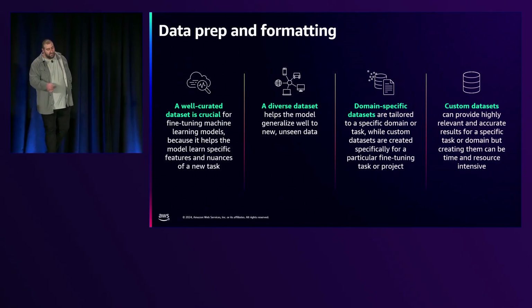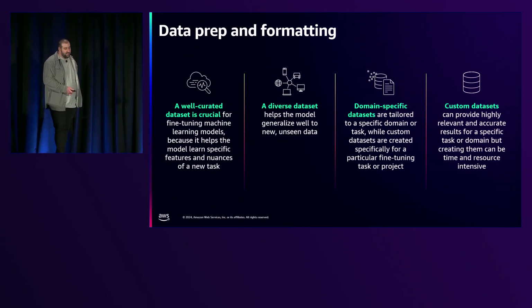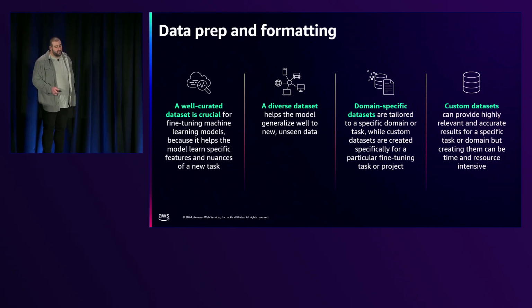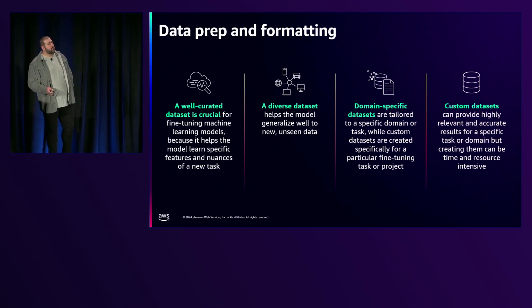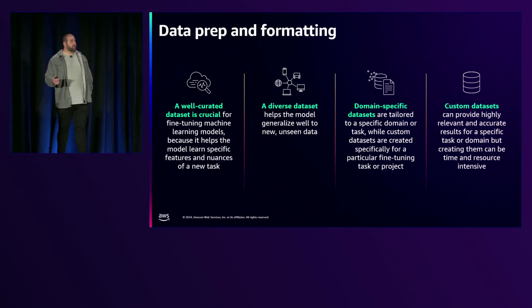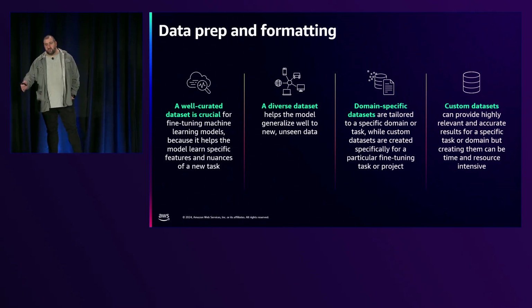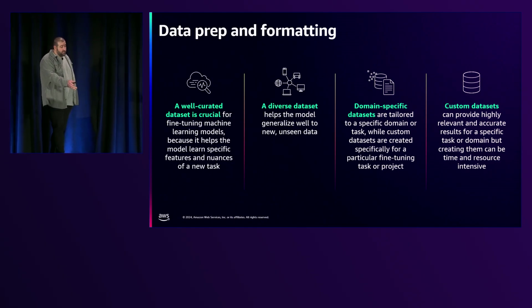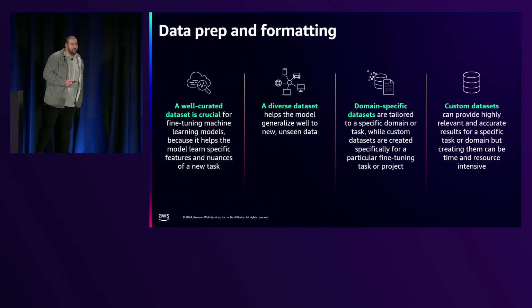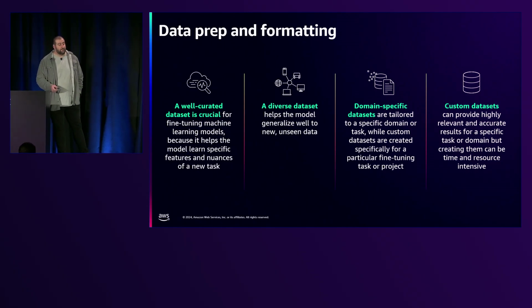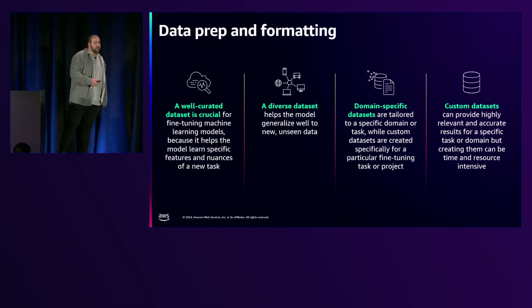As you can see on this slide, I'm trying to emphasize that a well-curated data set is crucial to really get the advantages of fine-tuning. If it's not diverse enough, if it's not generalized, you might not get as much of an increase in performance and accuracy, or whatever you're trying to do, out of the work and resources you're putting into it. Again, I mentioned diversity. That second point talks about a diverse data set. It really helps to generalize the data, right?